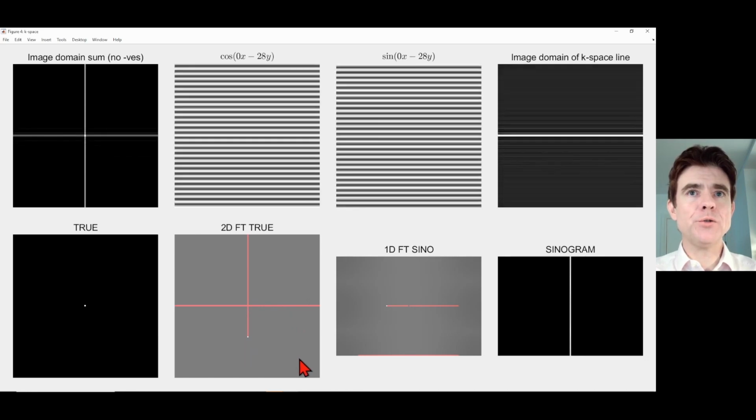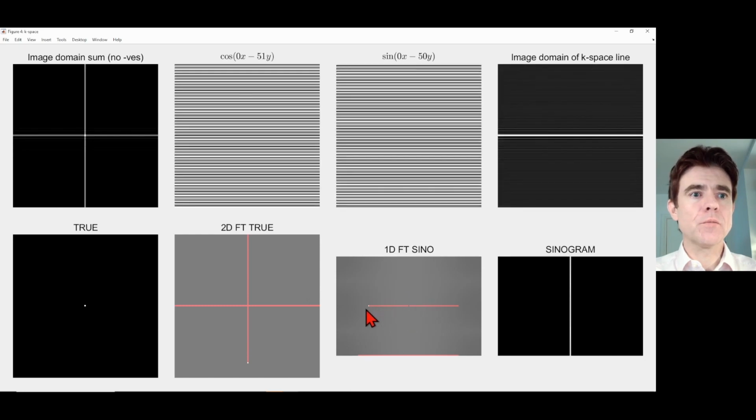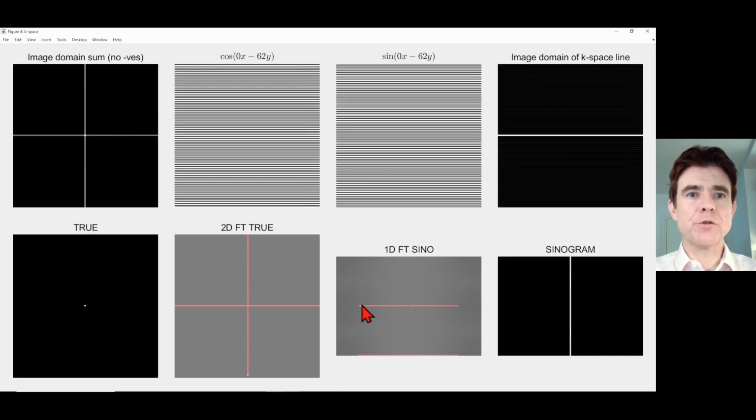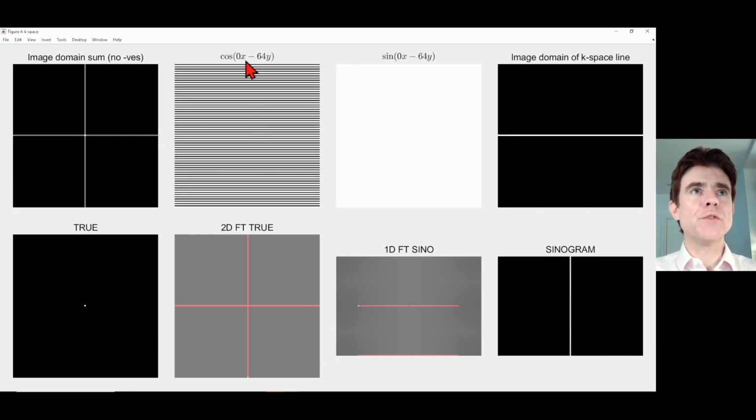Negative KY values, and I'm also showing in the 1D Fourier transform with the sinogram here those same regions. And you'll see that as I again approach the Nyquist, where I've now got 64 cosines fitting vertically, you can see that the inverse Fourier transform of that line is now this horizontal line. That makes perfect sense because this is the 90-degree viewing angle.